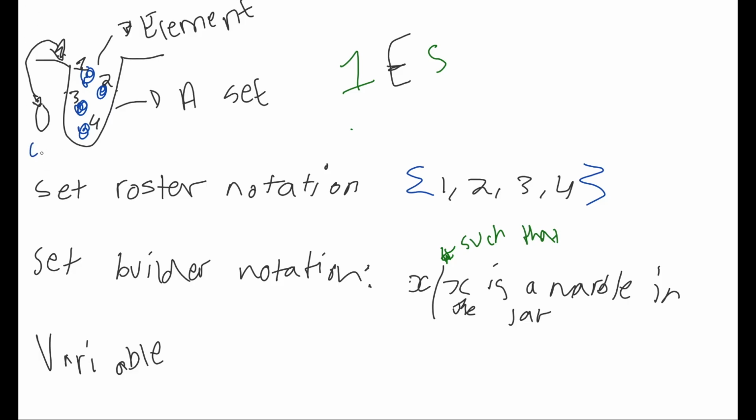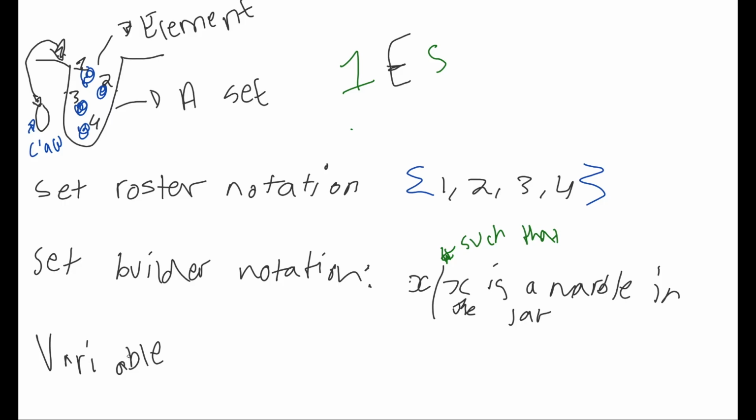That claw is reaching in, and let's say it collects a marble. We don't know if that marble is blue, green, red, or another color. So to represent that unknown, that's what a variable is.